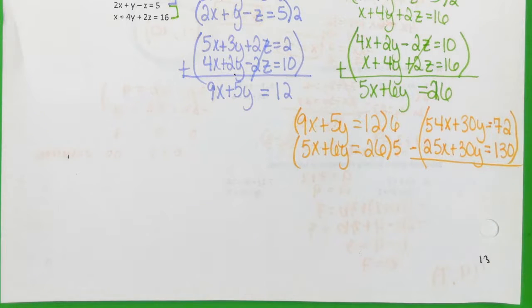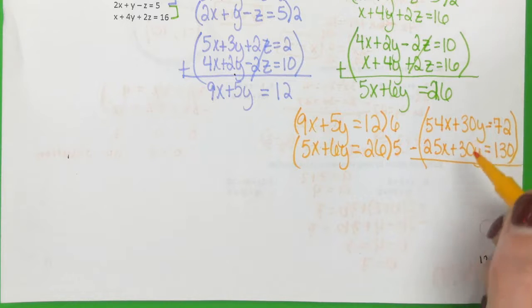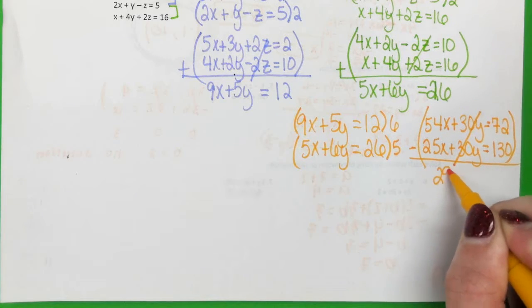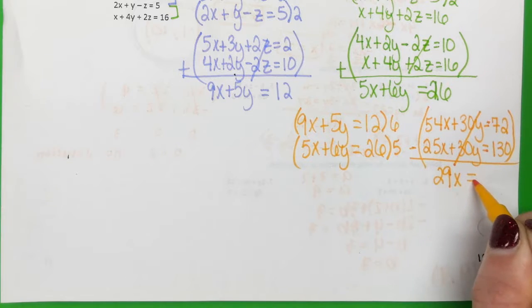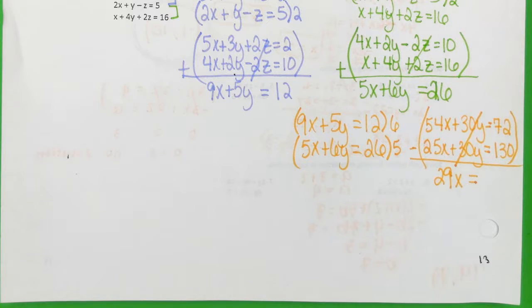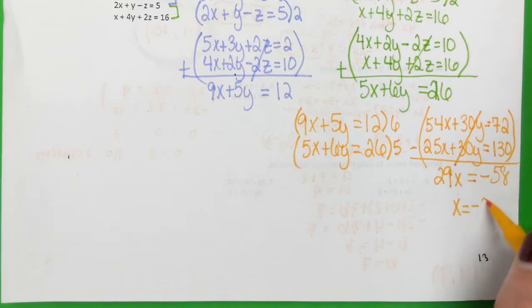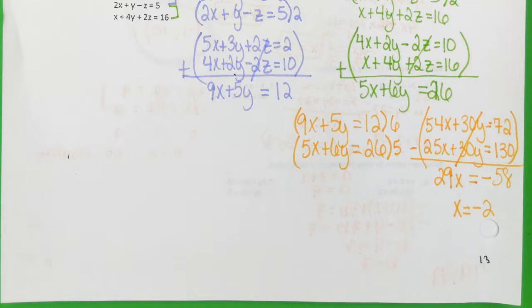So we have 54 minus 25. Then we have 30 minus 30. And then we have 72 minus 130. So now we figured out what x was, right? Are y'all okay?